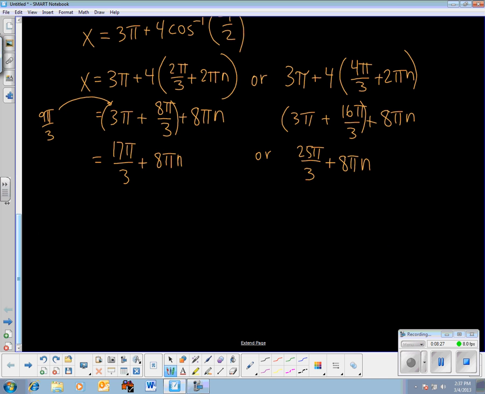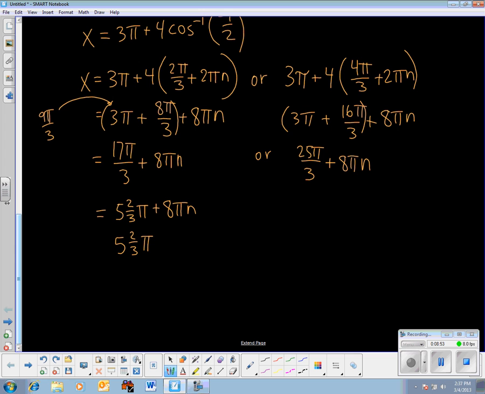Okay, what if on this one we have 17 pi over 3, which might be easier if that 17/3 were a mixed number. That's 5 2/3 plus 8 pi n. So if n is 0, I get 5 2/3 pi.